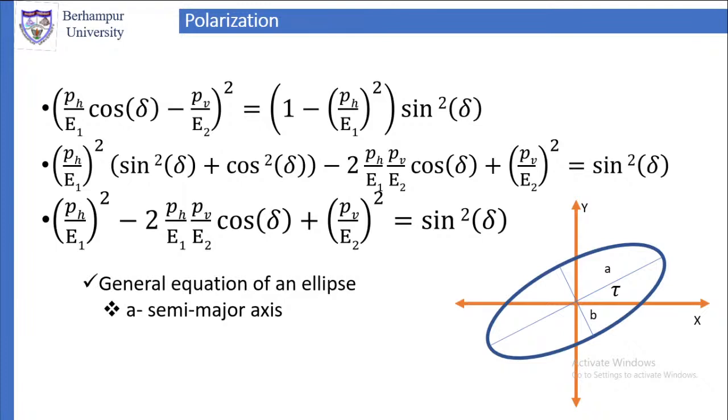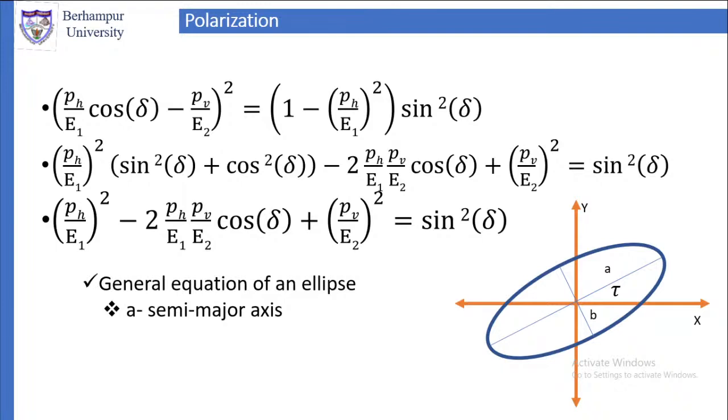Now, if you look at the general equation of an ellipse, an ellipse has a semi-major axis, which is A. In general, you might have studied it. A is the semi-major axis of an ellipse. We are seeing an ellipse here.